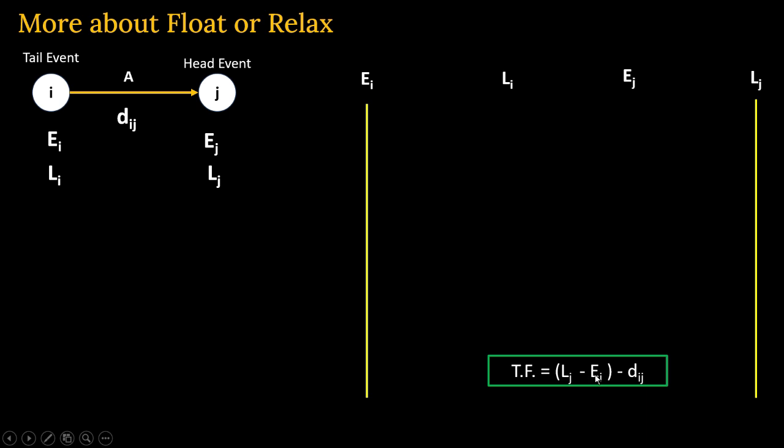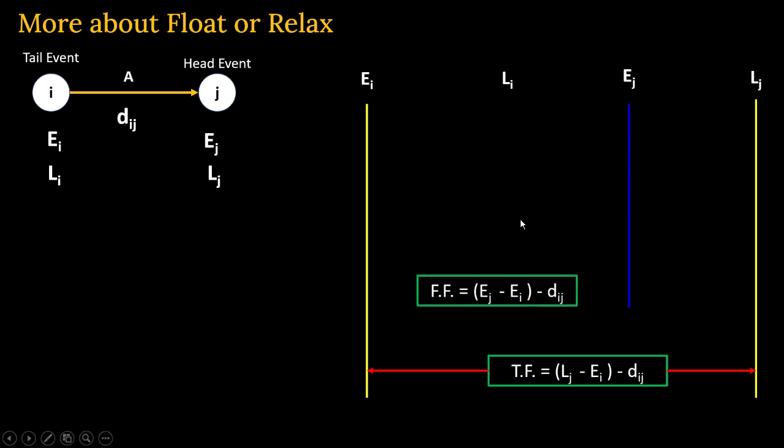Latest finish time minus earliest start time minus Dij duration is your total float of that activity. Similarly, let us find out free float. Free float is earliest finish time minus earliest start time minus duration.